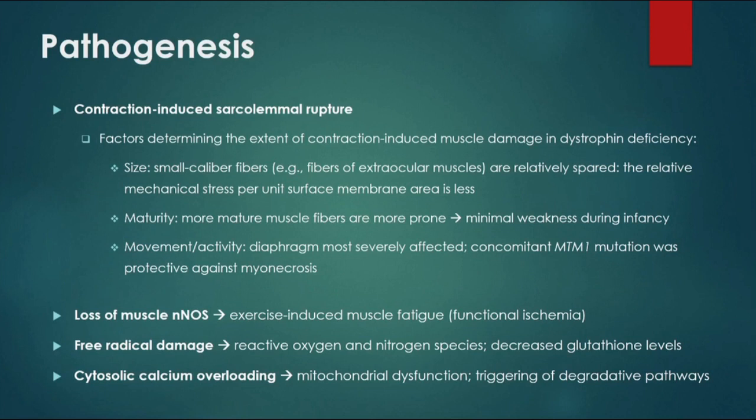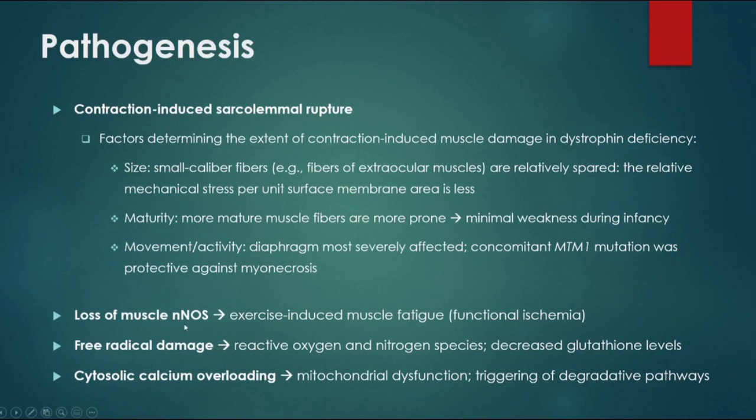If the nitric oxide synthase is lost, actually it is delocalized to the cytoplasm. So whenever the muscle is contracting, there is no increase in the focal perfusion, and that can lead to functional ischemia and exercise-induced muscle fatigue or damage.